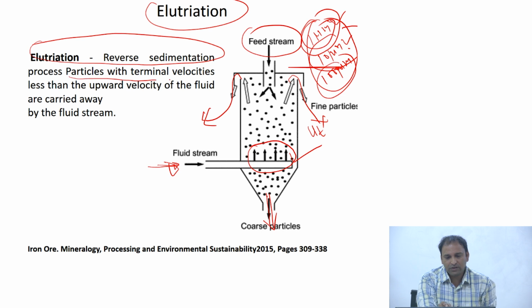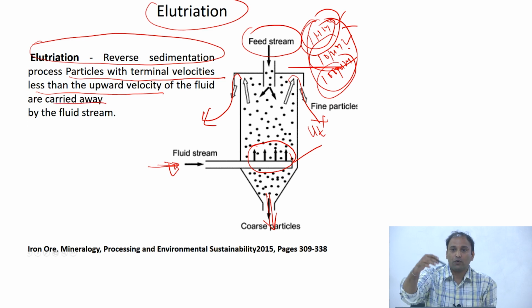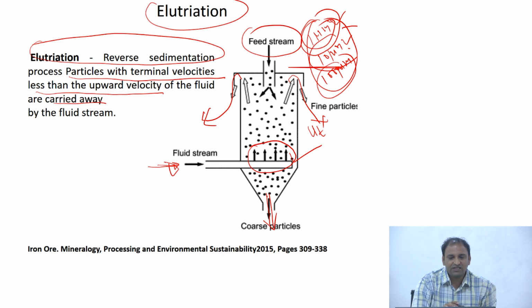The particles with terminal velocities less than the upward velocity of the fluid are carried along with the fluid. That's what happens in elutriation, and this is typically used if you have particles of different sizes but of the same density present in a given mixture.